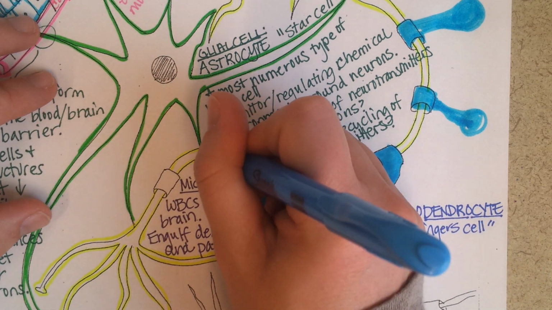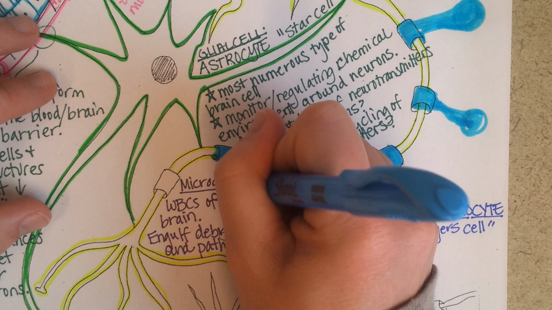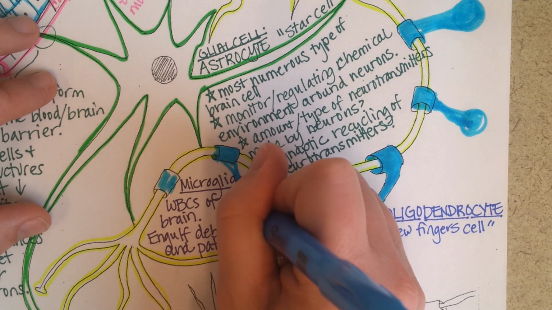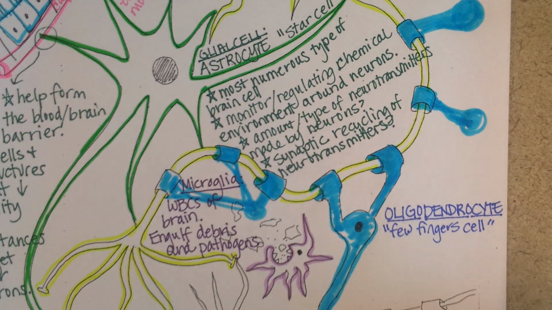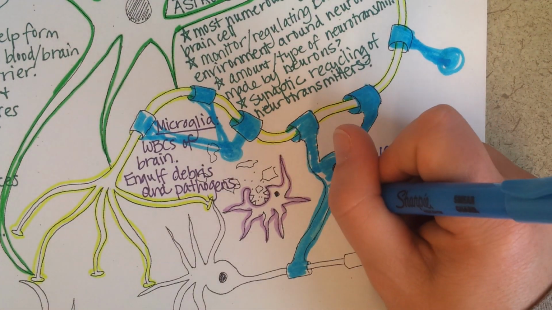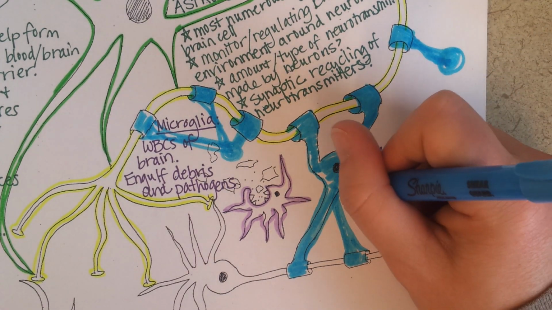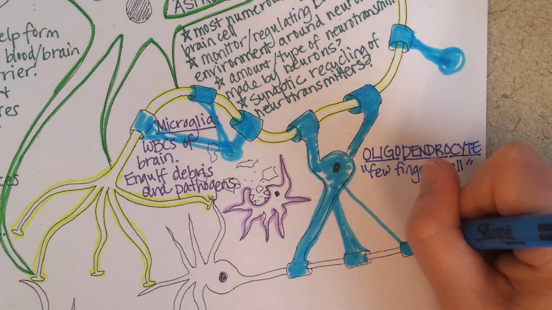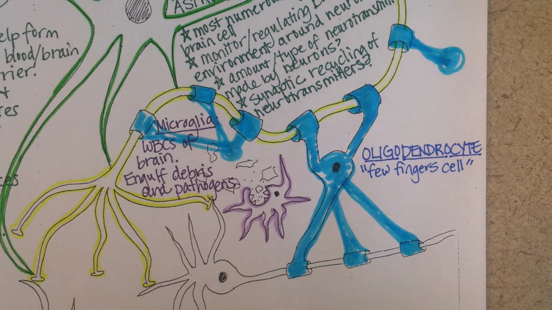Let's do it like this. Okay, so the oligodendrocyte is the name of this cell, and then what it wraps the axon in is called myelin.